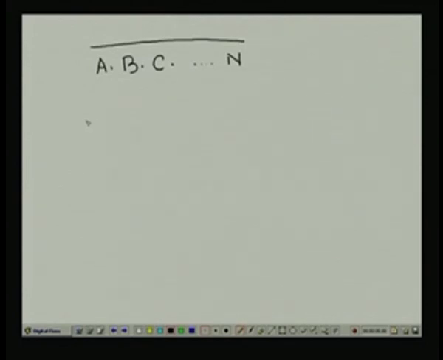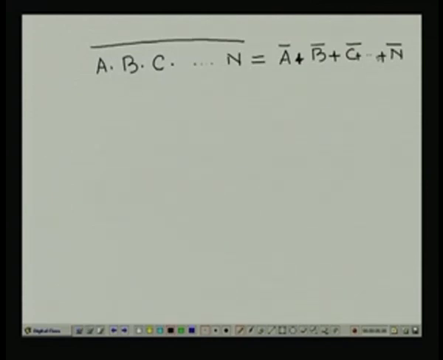Then the result will be that if each of the variables is inverted, that means a bar dot b bar dot c bar dot n bar, all the dots will be replaced by plus.